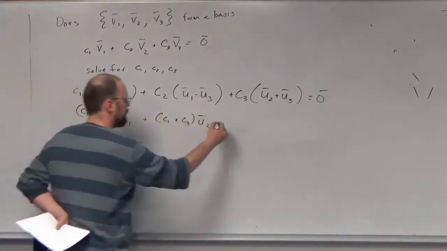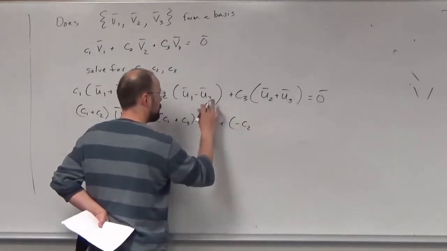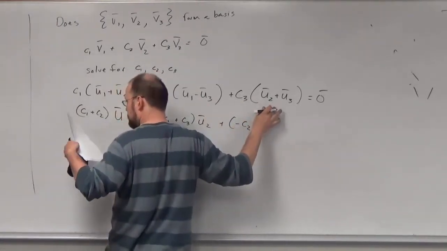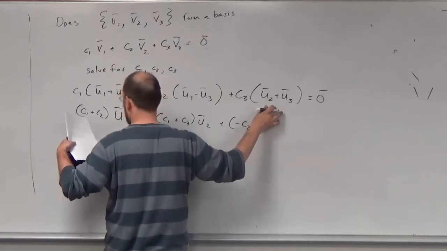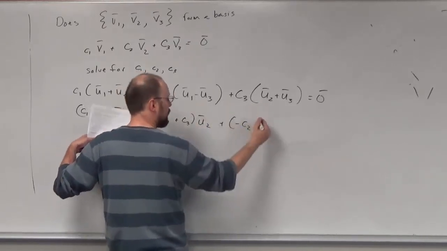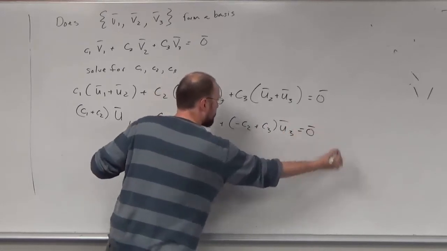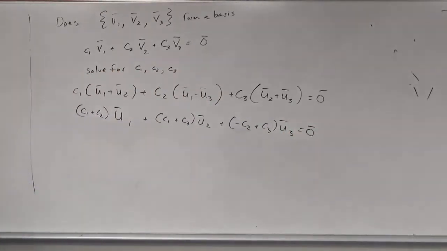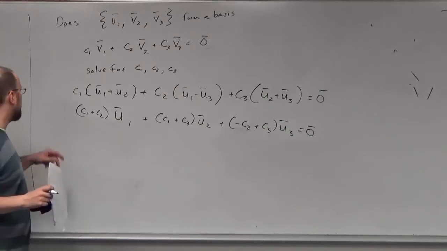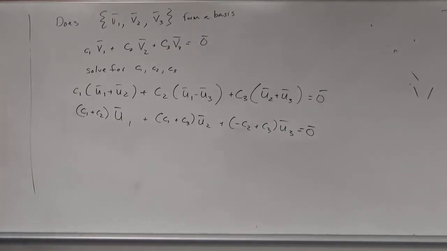And then we have negative C2 plus C3 times U3. All right, so how do we at this point take advantage of the fact that U1, U2, and U3 form a basis?